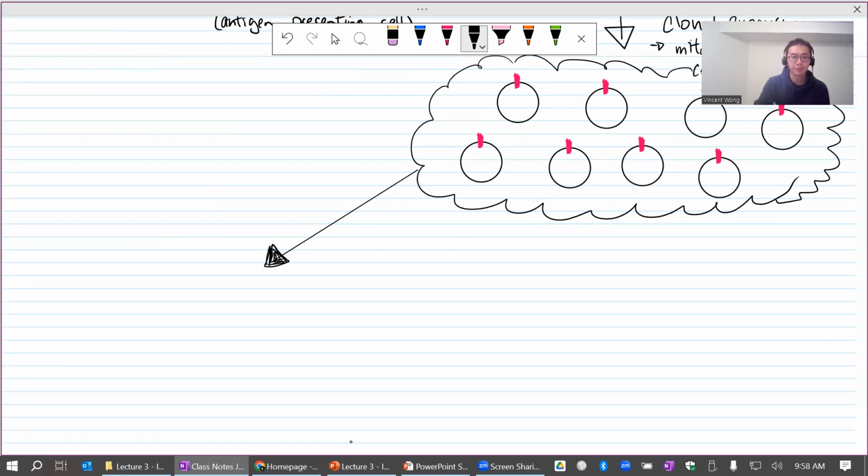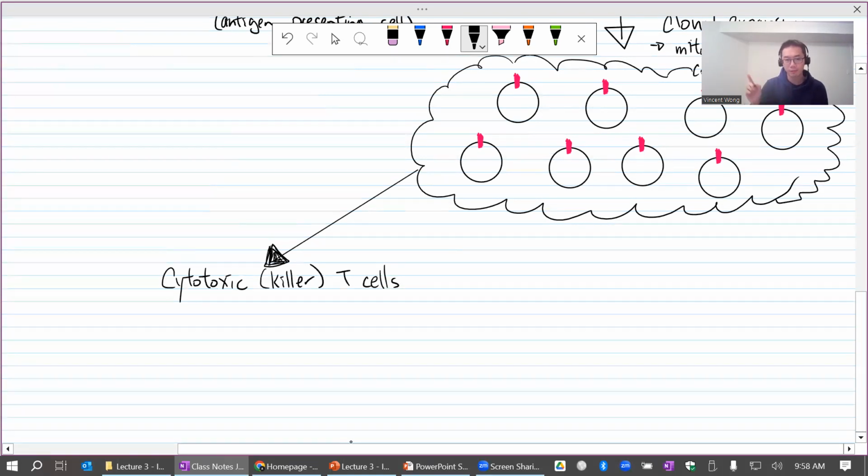The first one is called cytotoxic or killer T cells. Not to be confused with natural killer cells. They are both killers, but this one is killer T cells, or cytotoxic T cells.